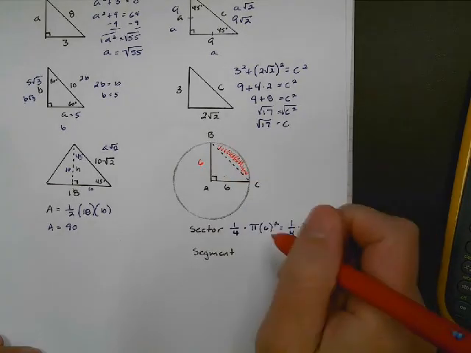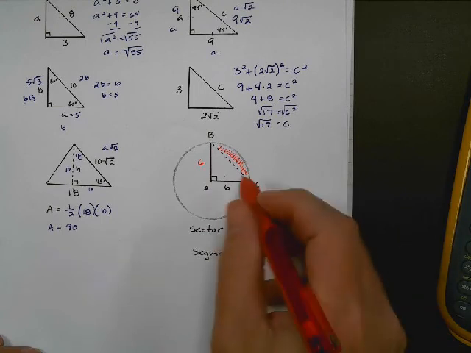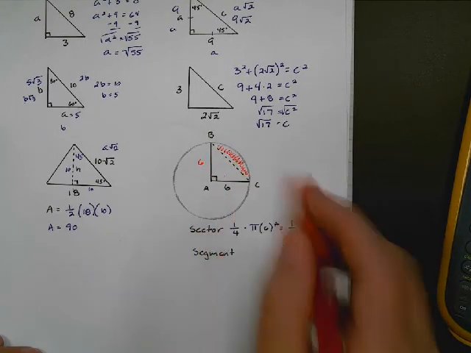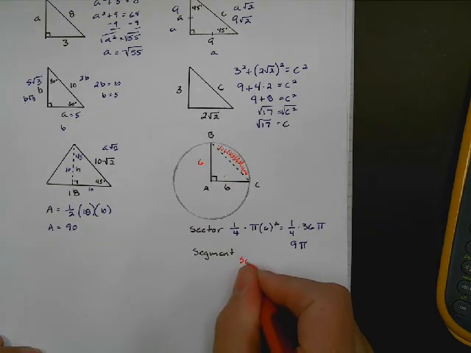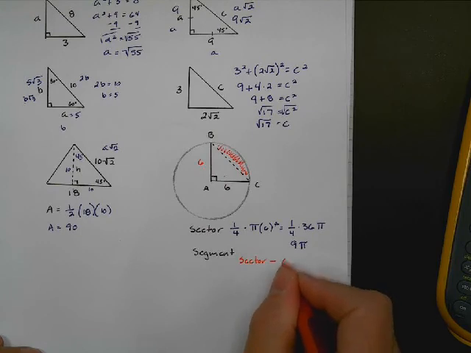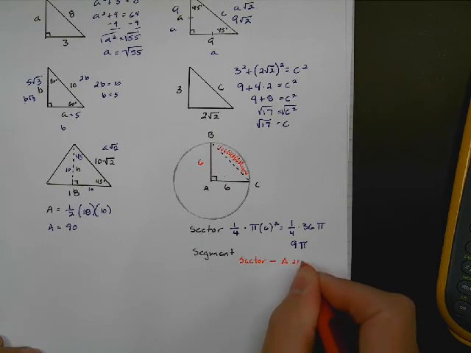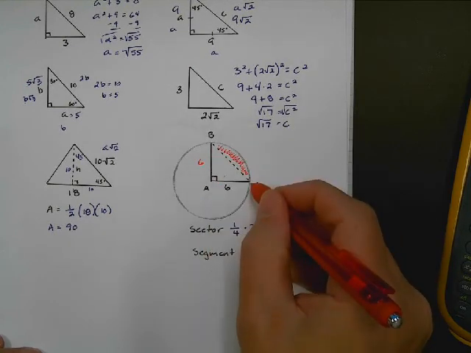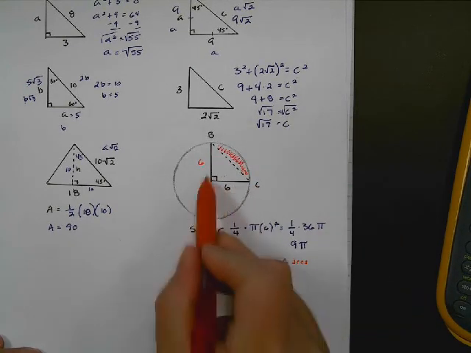So what I can do here is I can say, okay, if I want just this part, I would take the sector area and subtract out the triangle area. So this triangle right here has a base of 6 and a height of 6.